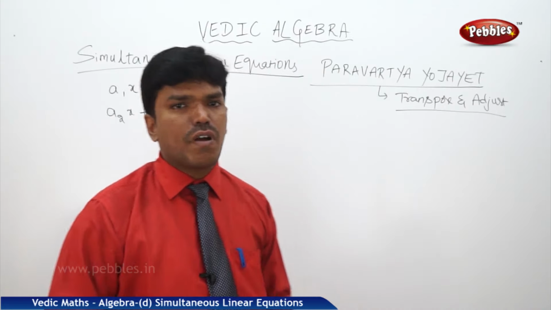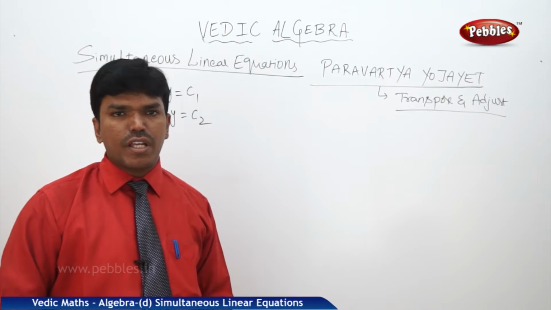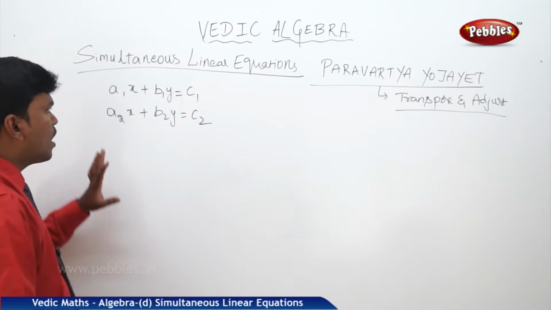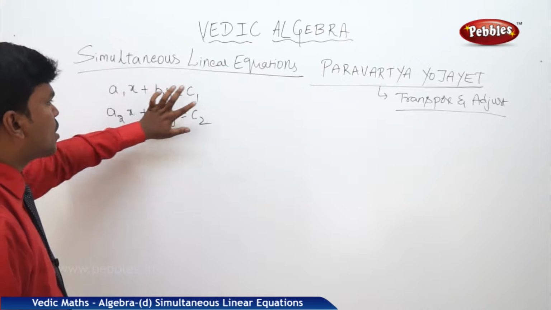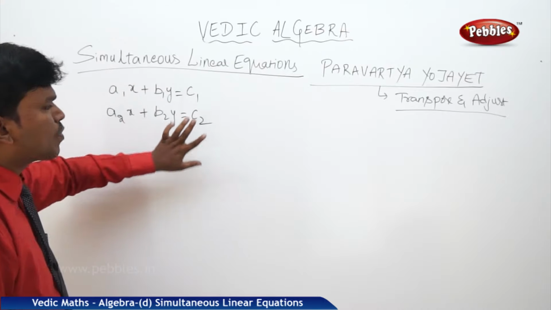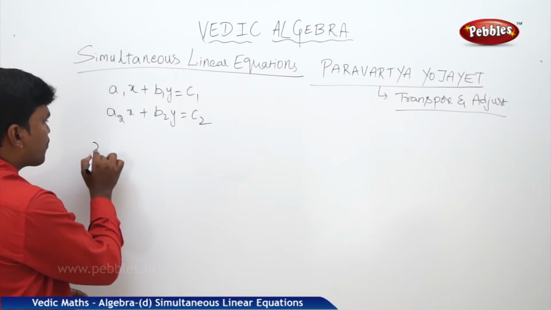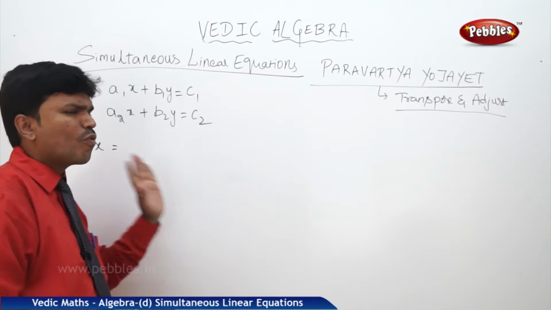So how will you do it? First I will explain the concept and the rules; later we will take some examples. Suppose the two equations are of the form a1x plus b1y equal to c1, a2x plus b2y equal to c2. How do we get the solution for x? Remember, it is either for x or y.